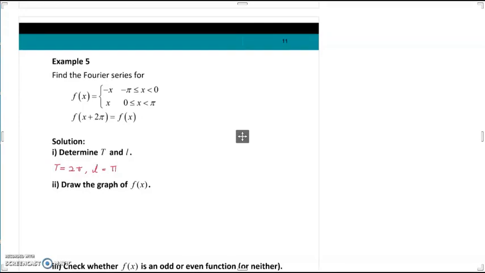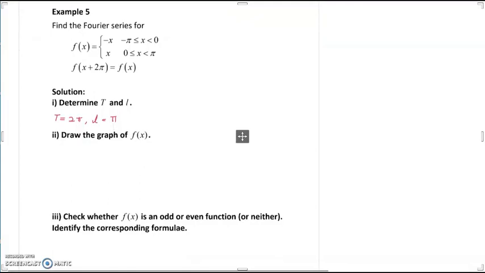So then we draw our graph. Look carefully at this sketching here. We have the axis first. Look at our interval. The first one is -pi, so somewhere here is -pi. And here of course is 0.